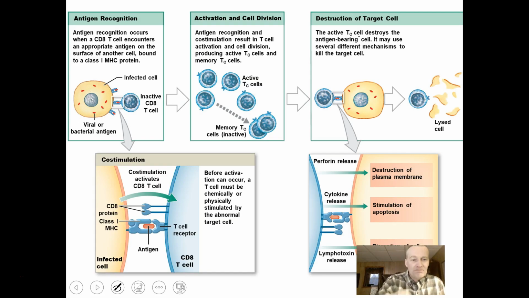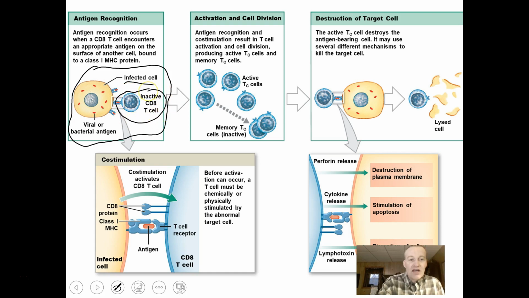So just to kind of show you the sequence of this, here we have a viral or bacterial antigen that's on that MHC1 complex. So we have an infected cell or a tumor cell, and we have a cytotoxic T cell that is recognizing that particular cell.